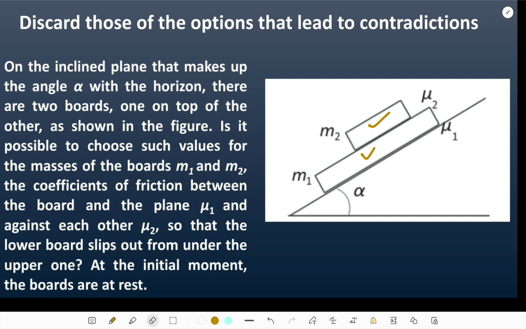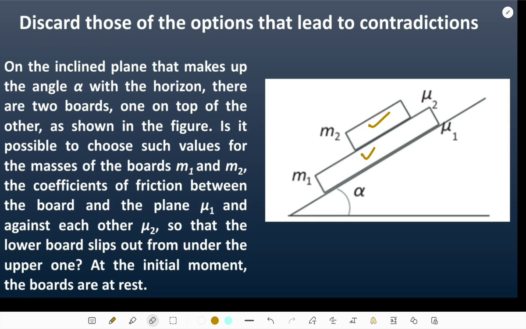But the heading of this problem reads, discard those of the options that lead to contradictions. That means I'm going to do one thing. Because the problem under consideration requires us to find out whether the motion of the lower board is possible with higher acceleration or not. So I'm going to assume yes.